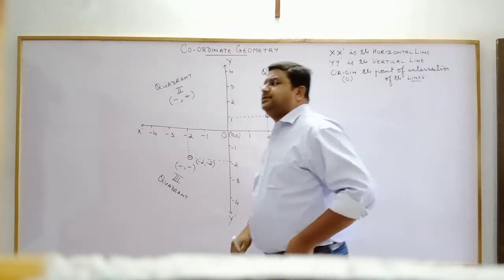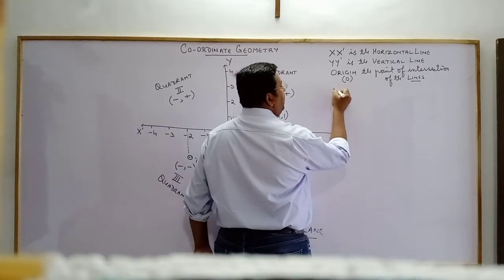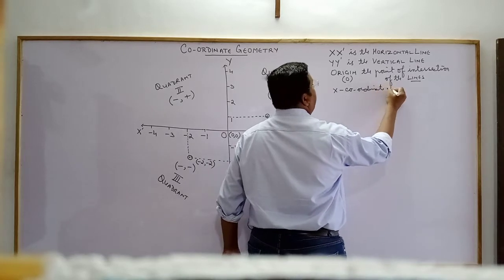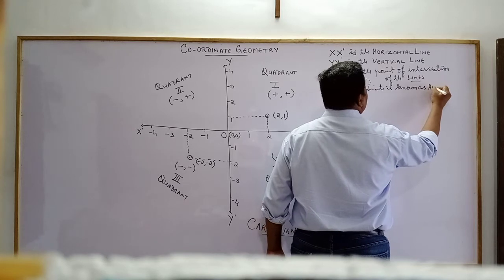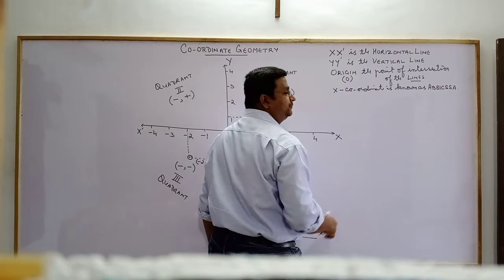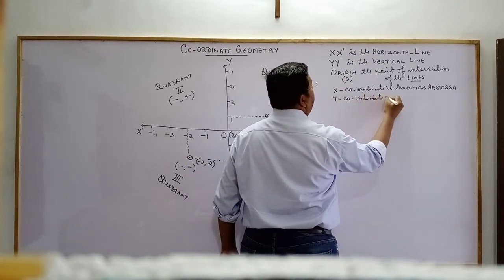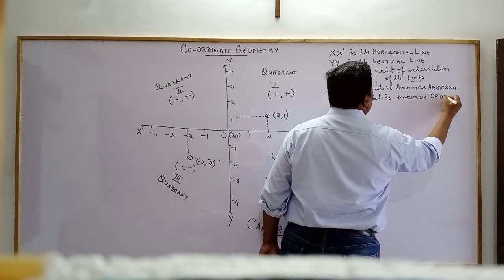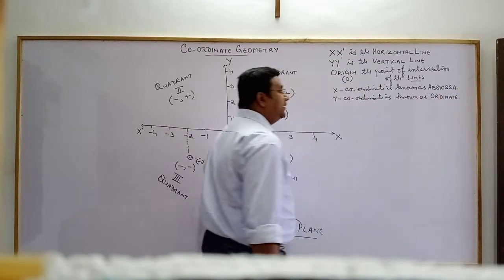Now these coordinates, x coordinate, y coordinate. The x coordinate is known as abscissa. The y coordinate is known as ordinate.